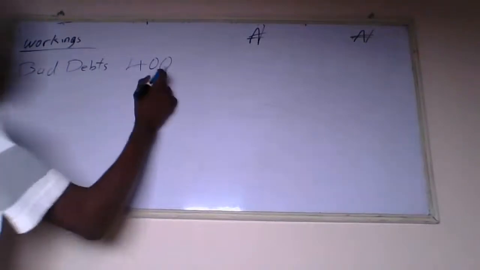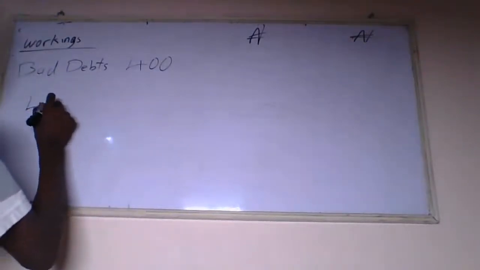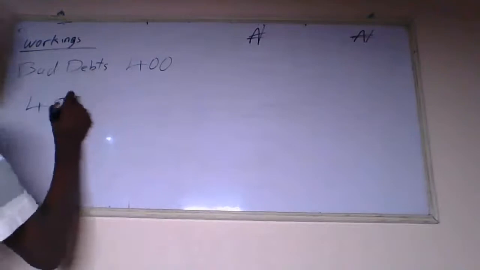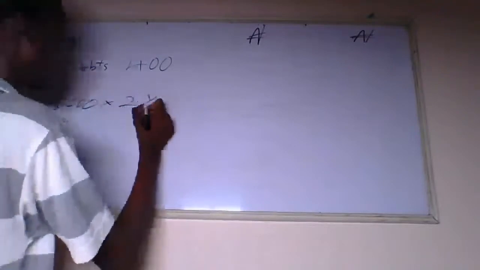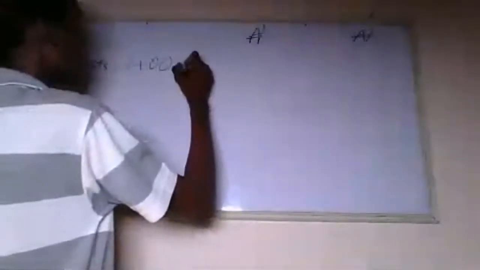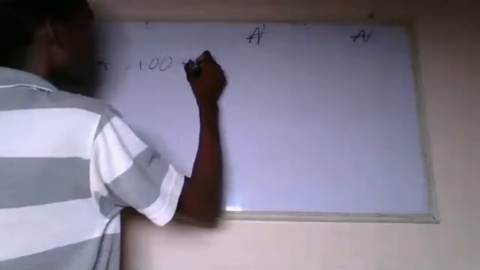So the new amount, 45,000 times 2% is 900. So this is the new amount for bad debt. I already have 400 written down here. So what you're going to do, difference, 900 minus 400, that's 500. So the difference in provision, that's what you're going to do to your bad debts.